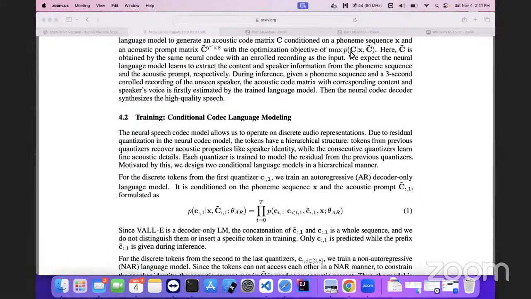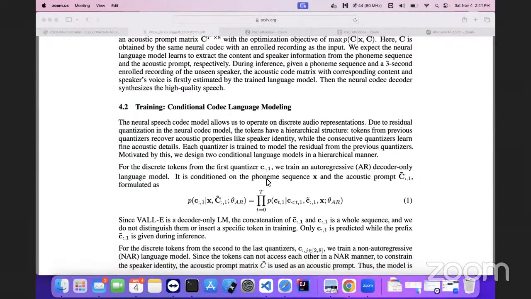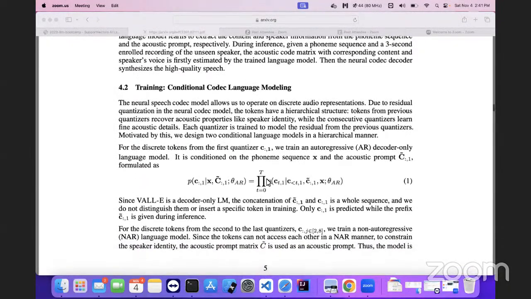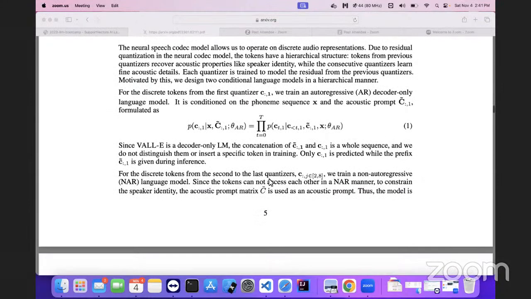The first coordinate, the first quantizer, they are saying is an auto-regressive decoder, whereas the remaining quantizers are non-auto-regressive.